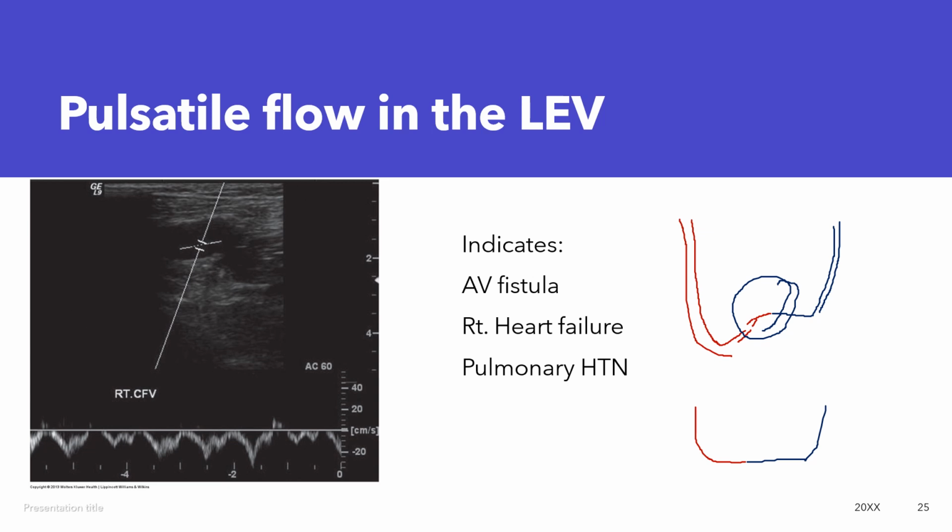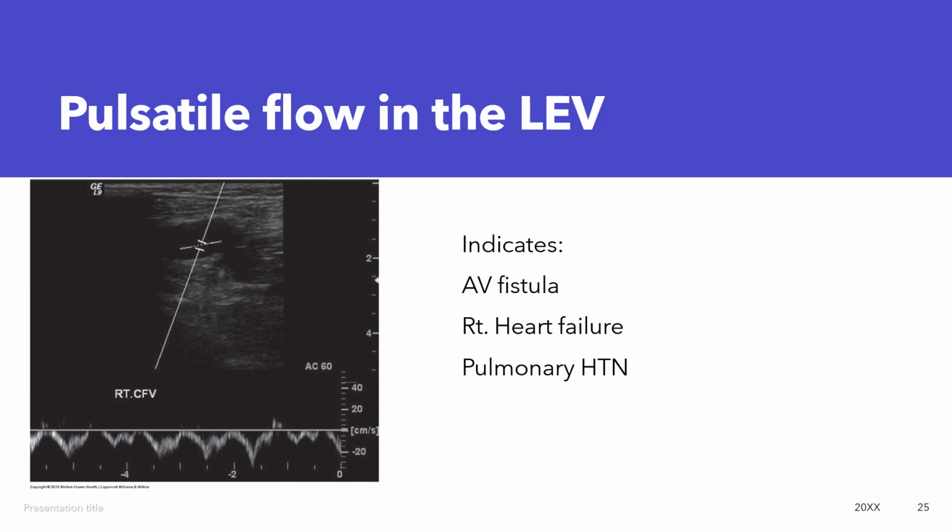Another thing that a pulsatile flow in the lower extremity venous can indicate is right heart problems. We know that the ultimate destination of our venous flow from our legs is going to be the right atria. And so if my right atria has hypertension, or I have pulmonary hypertension, which is backing up into my right ventricle, which backs up into my right atria, any of those things is going to provide resistance against the venous blood flow coming towards it.